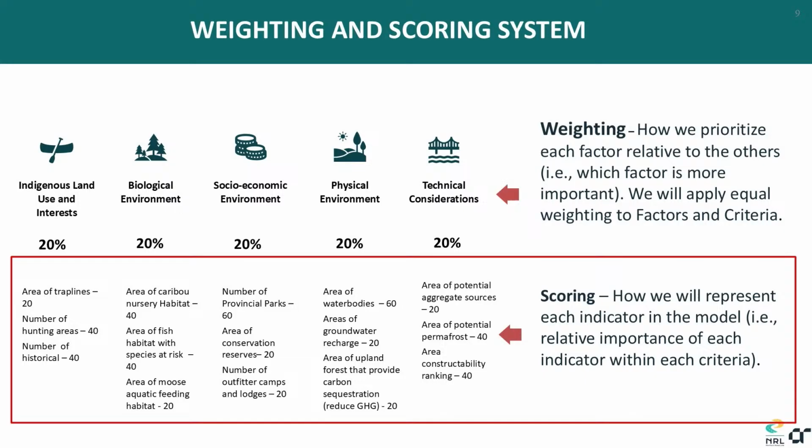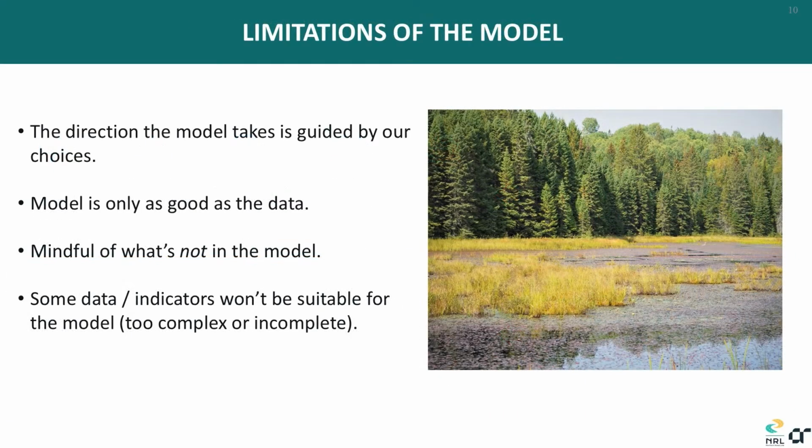If we go to the next slide, the direction the model takes is guided by the people that use the model. The model's only as good as the data. Fortunately, we have a lot of data that's been compiled as part of our studies, as part of previous studies, as part of information obtained from various other sources, from community members as well.